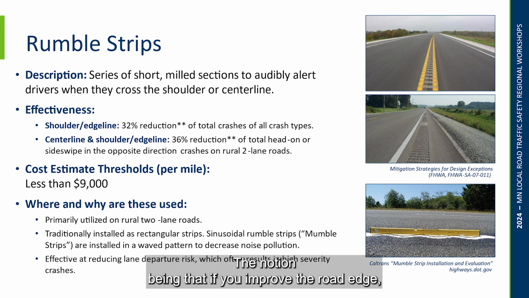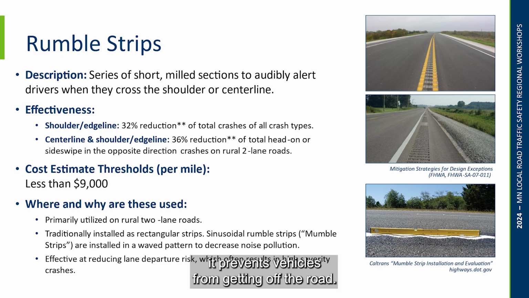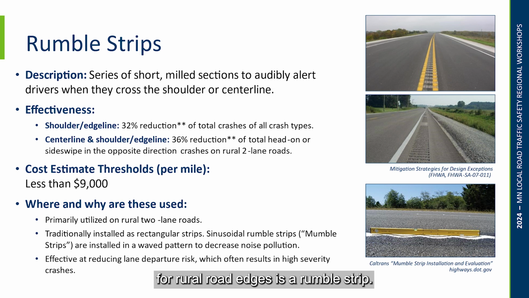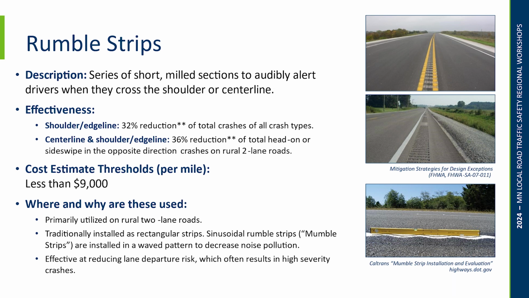The notion being that if you improve the road edge, it prevents vehicles from getting off the road, and then what's beyond the road edge becomes immaterial. So the key strategy for rural road edges is a rumble strip.